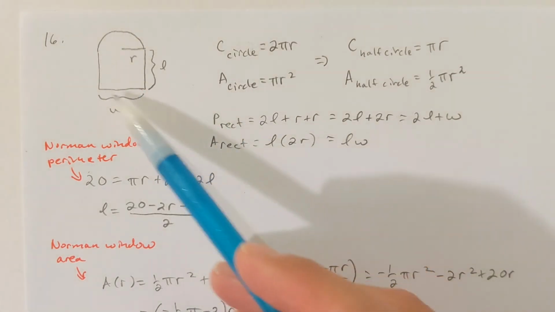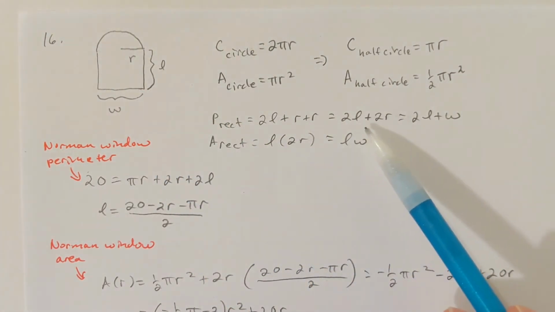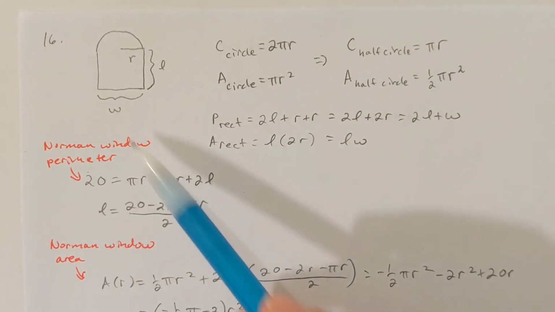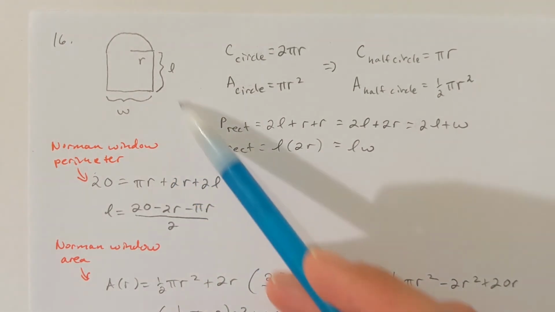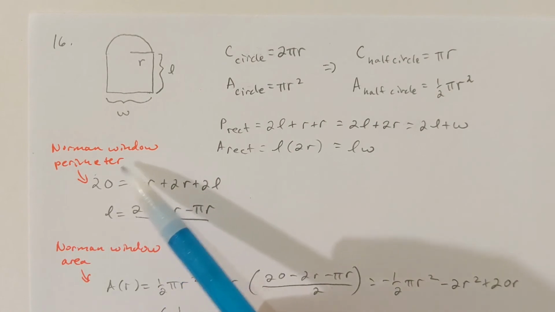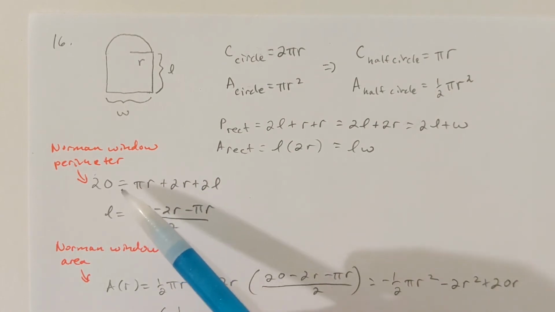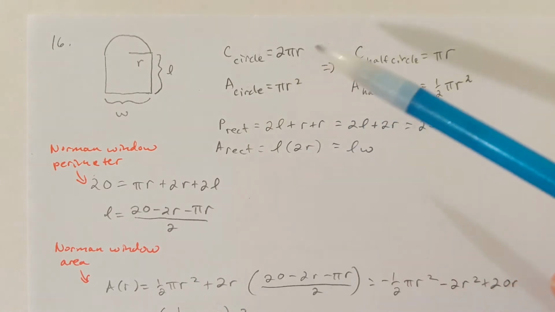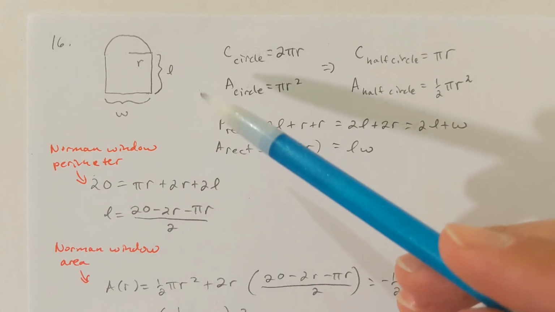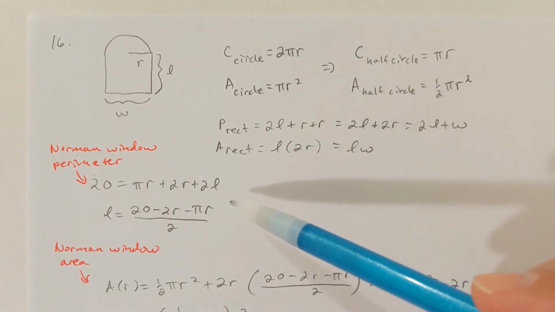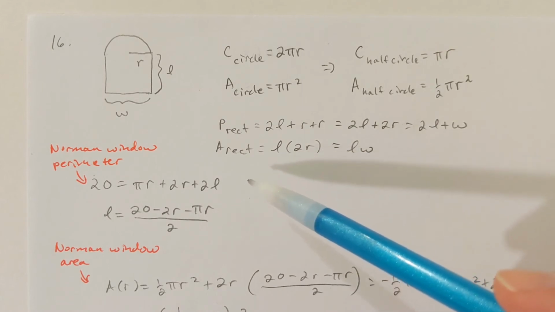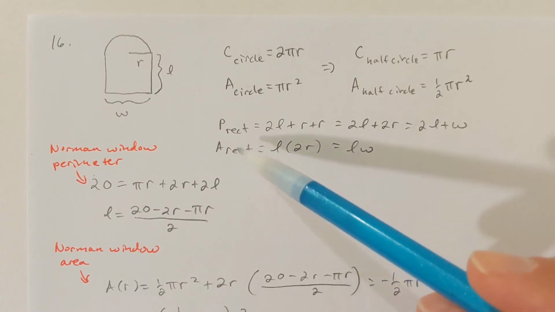This is just the perimeter of the rectangle, R and R. 2L plus 2R is 2L plus W. Okay, and the area of the rectangle, L times 2R, or L times W. Okay, the Norman window perimeter is the area of the half circle plus the area of the rectangle. Okay, or the perimeter.